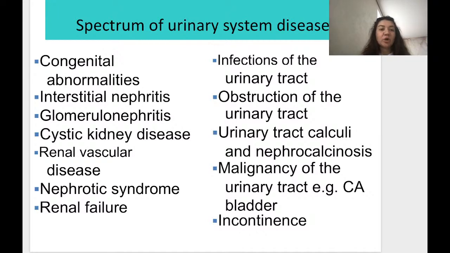First of all, it can be congenital abnormalities, interstitial nephritis, glomerulonephritis, cystic kidney disease, renal vascular disease, nephrotic syndrome, renal failure, infections of the urinary tract, obstruction of the urinary tract, calculi and nephrocalcinosis, malignancy of the urinary tract. Most often it is cancer of the bladder, or incontinence.